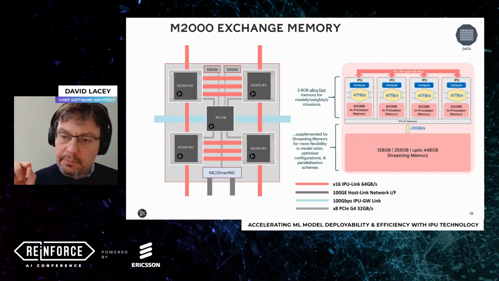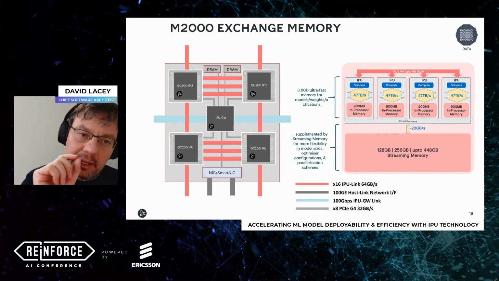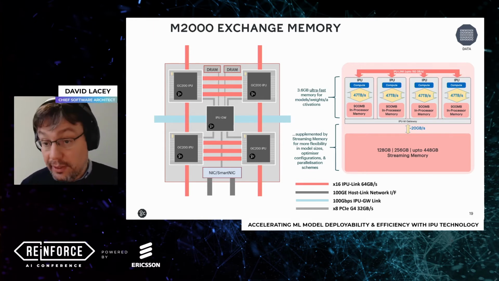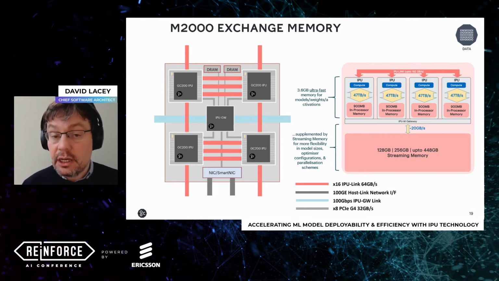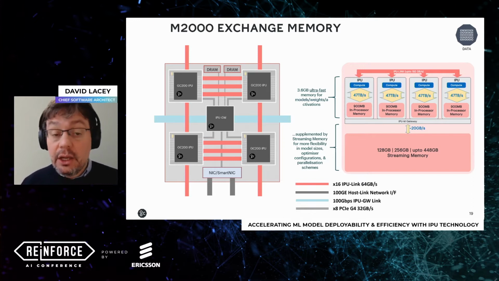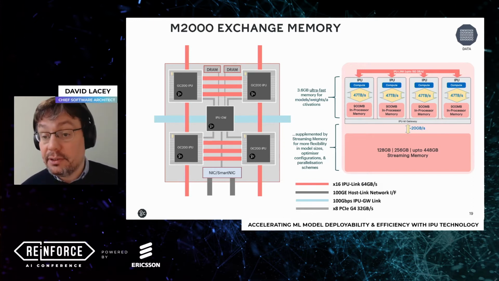Okay. On the M2000 itself, we put 4 of these, and then we add a gateway chip, which does communication, which I'll talk about because it's key to scale up later on. But here I'll point out that we can extend it with external memory, external DDR on that box. So we can actually have up to 448 gigabytes of external DDR memory on the same box as 4 of these IPUs, each with 900 megabytes of in-processor memory.